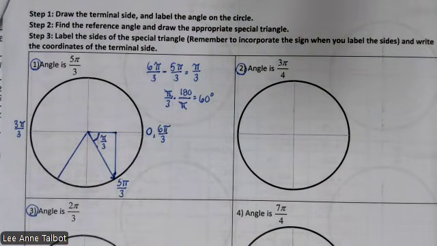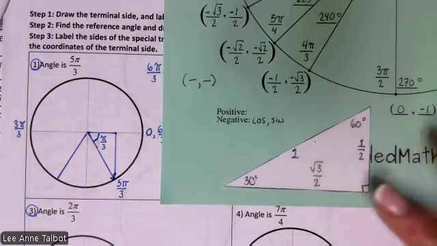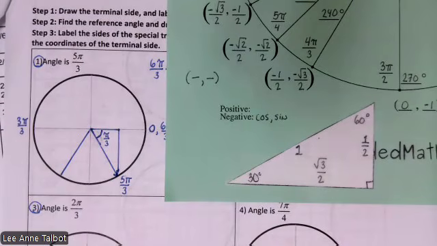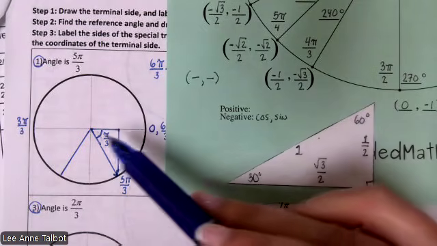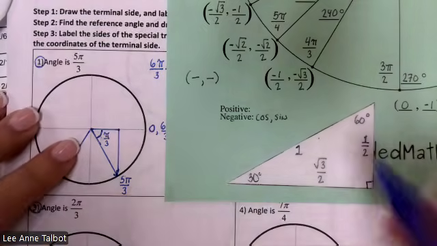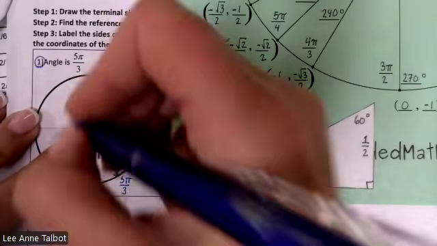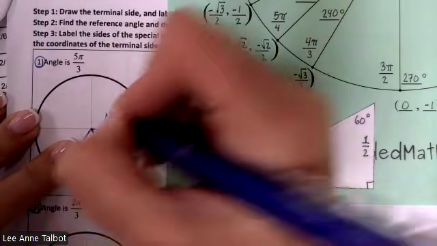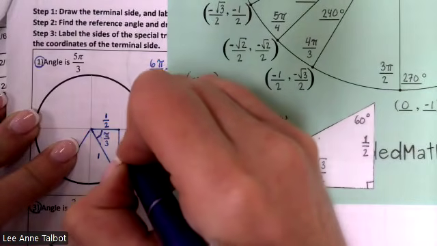And what I'm going to do now is grab my unit circle and look at the sides of the 30, 60, 90 and figure out how to label my triangle. So the hypotenuse is 1. The short side is 1/2. And the long side is √3/2.